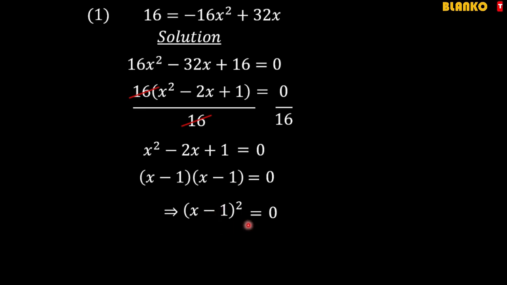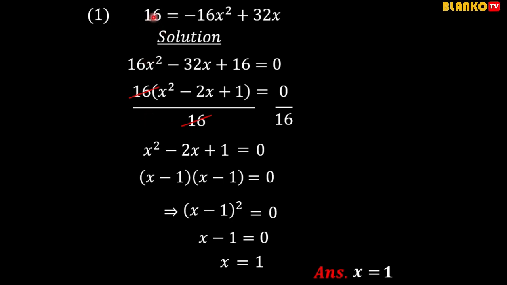So let's now find the square root of both sides. This will eliminate the square on the left hand side, and this is going to be x minus 1 equals 0, because plus or minus the square root of 0 is 0. So to solve for x, x is equal to 1.